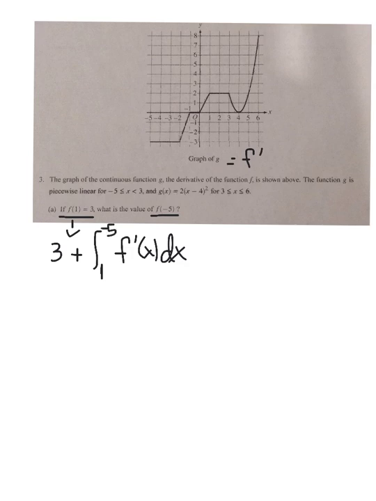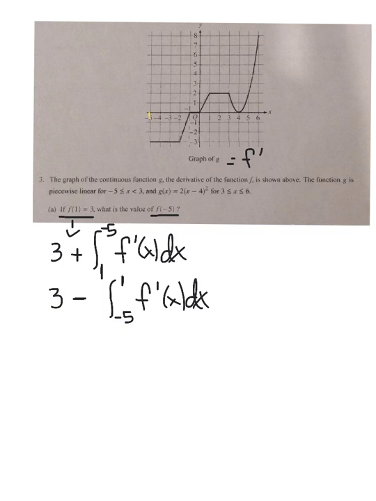Okay, so now we're just going to work this out. So we have 3. Now, hopefully you notice something here. We have an integral, and the bounds are off, so I'm going to switch and negate. So that's going to be negative 5 on the bottom and 1 on the top. Now all I'm going to do is find the area under the curve, going from negative 5 all the way up to 1.